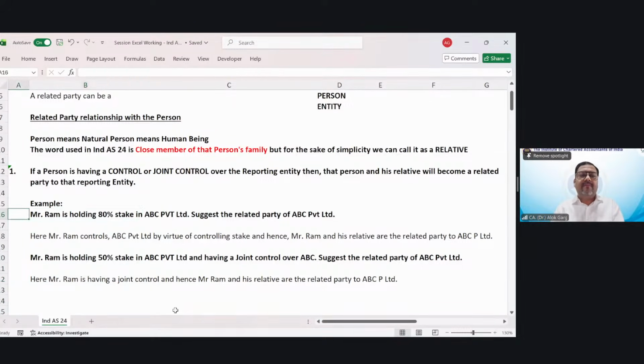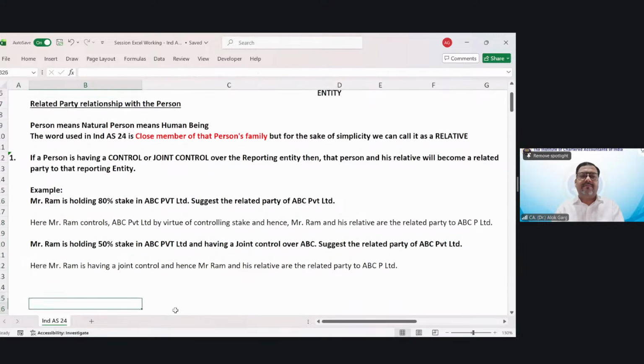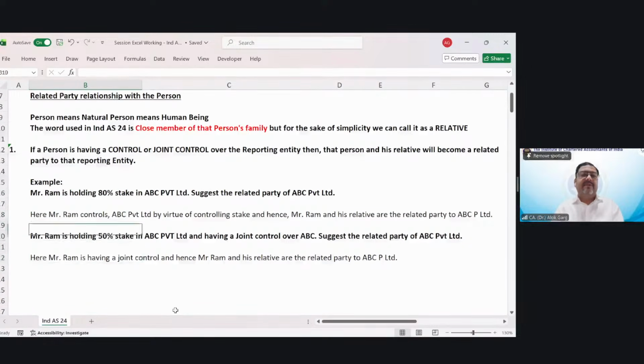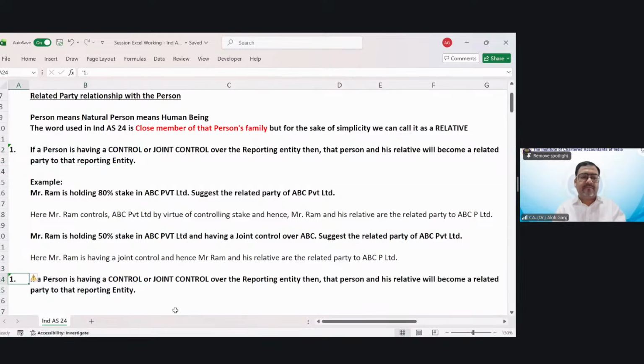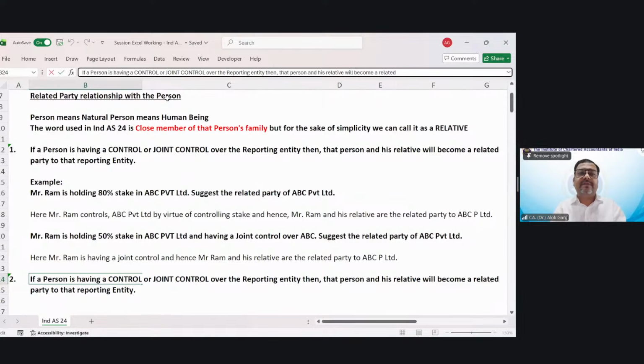Okay, right. Now, second, another example. So these are the two examples we discussed. Now the second part. It will also become a related party if a person is having a significant influence.